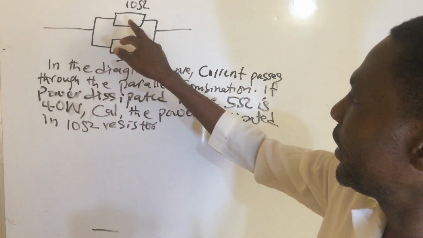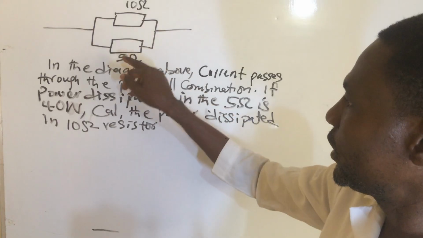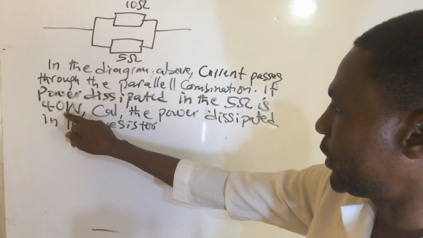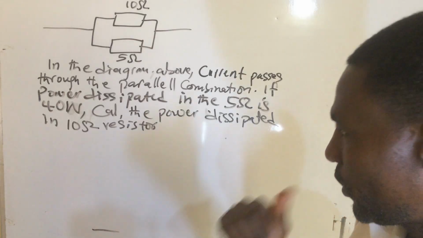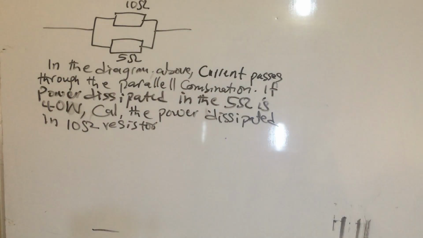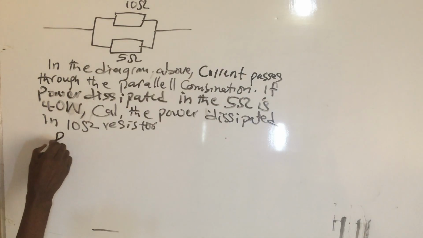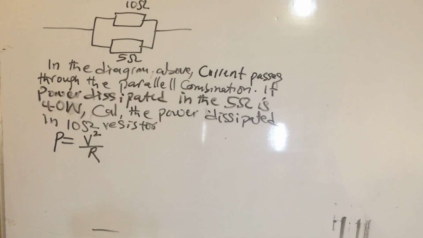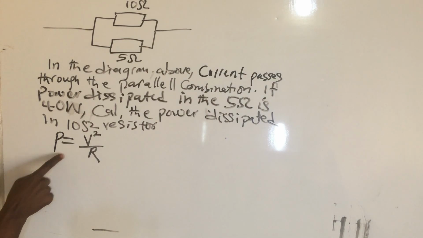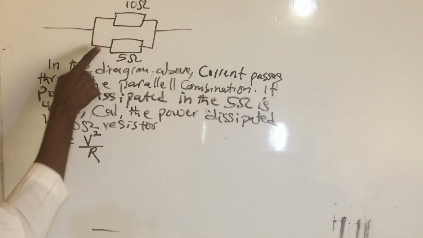So we are going to calculate the power needed here. Since the power here is 40, what is the power that will be needed here? We will use the formula of power, which says that power equals V squared over R. Before we can calculate the power, we need the voltage, and it's not given.